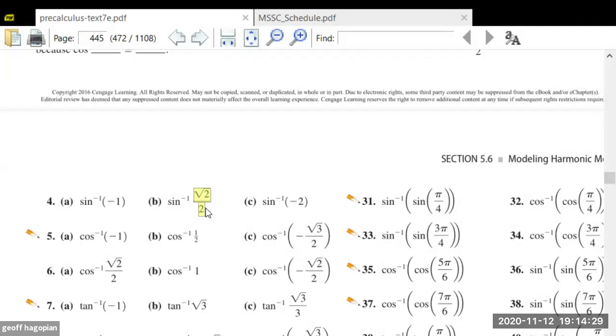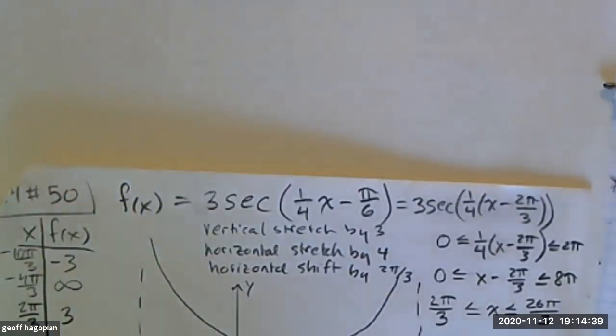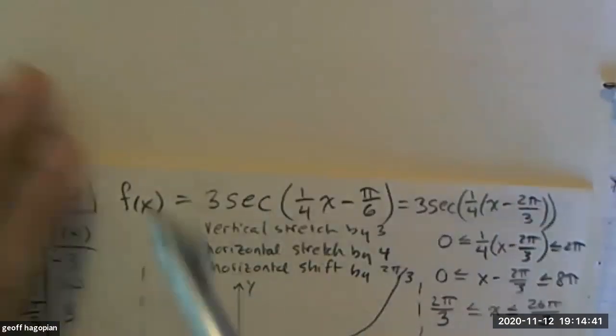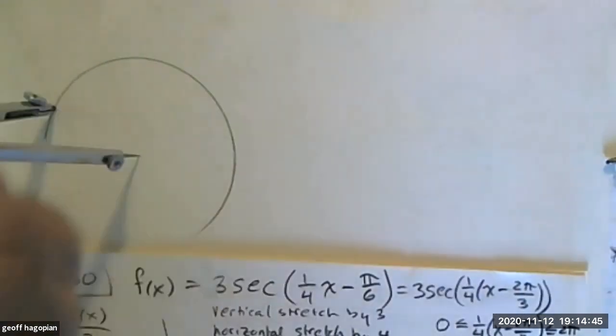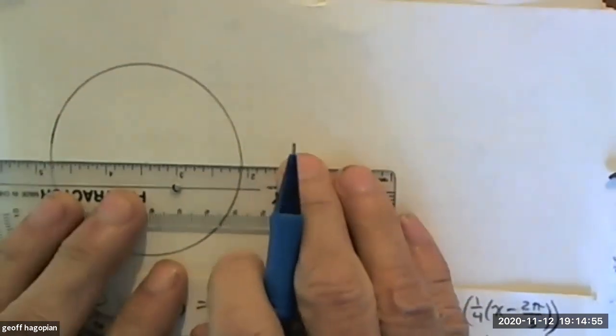Okay, so I'm going to draw, for the purposes of, we'll use those to find these. So here is a nice circle. It's very round. I'm going to draw our coordinate axes on there.